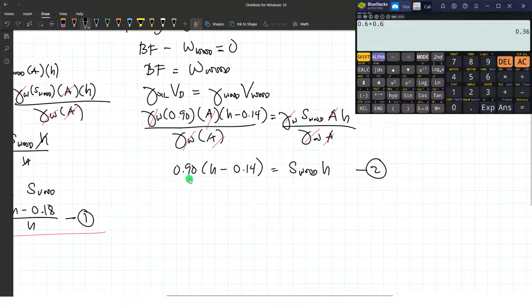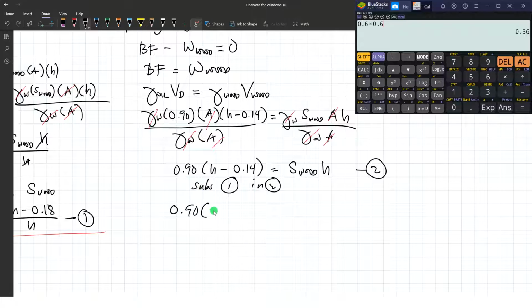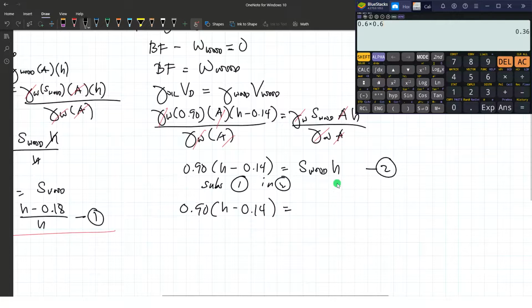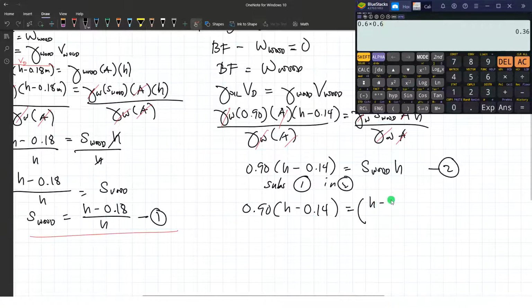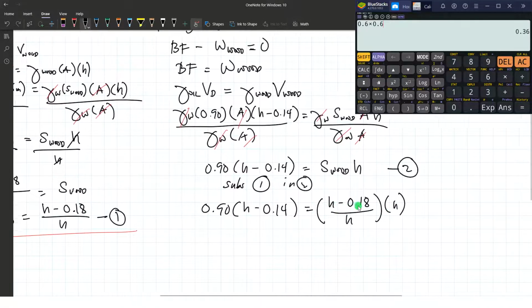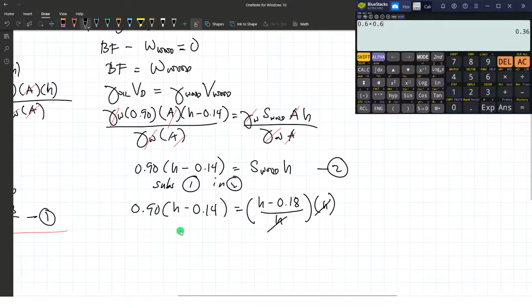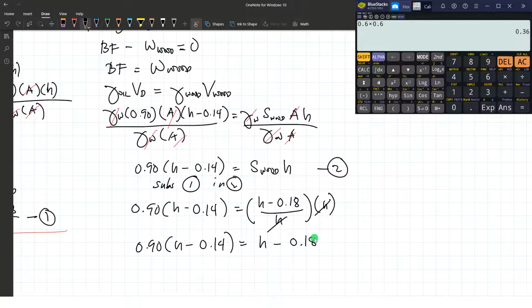We substitute equation 1 in equation 2. So 0.9 times H minus 0.14 is equal to H minus 0.18 over H multiplied by H. So we have 0.9 times H minus 0.14 equals H minus 0.18.